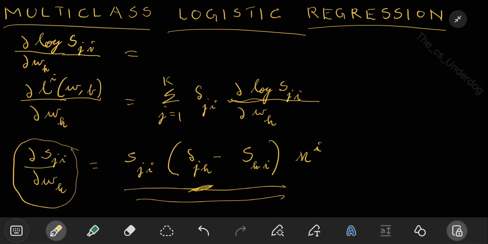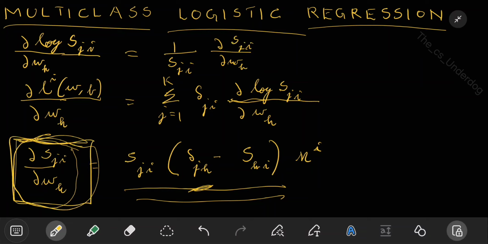If you take this derivative, what happens? The derivative of log x is 1 by x, so it will become 1 by Sji into the derivative of Sji, which you already know: del by del wk of Sji. So I can substitute here. The only difference is this 1 by Sji term which came because of the log.